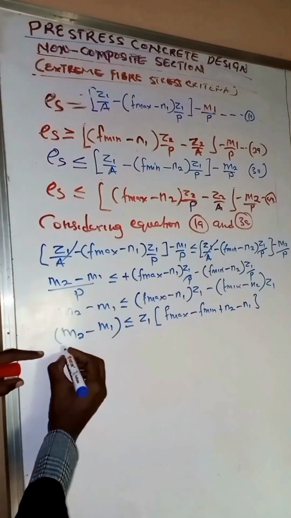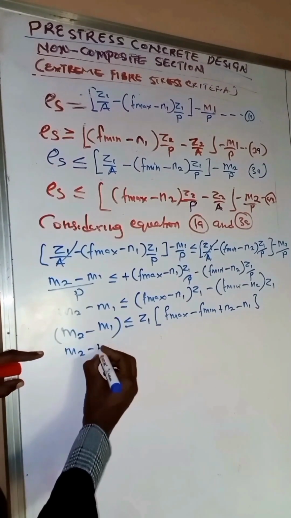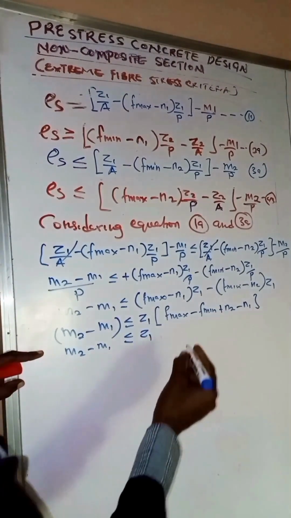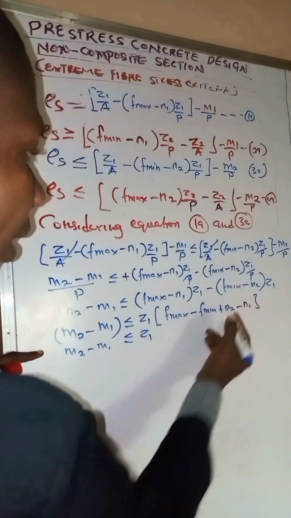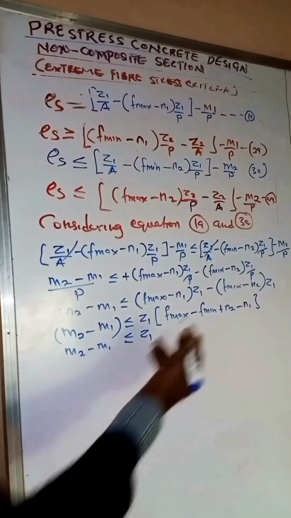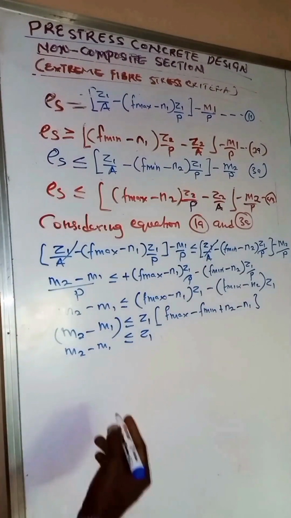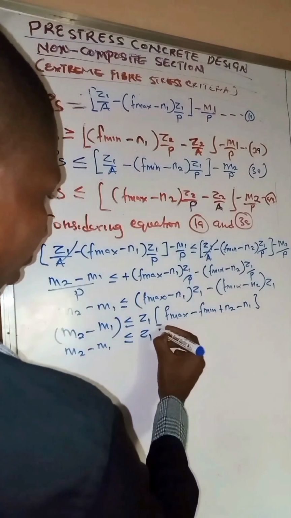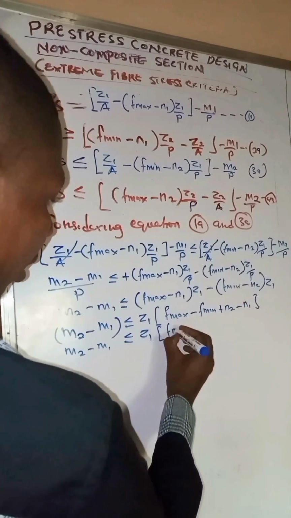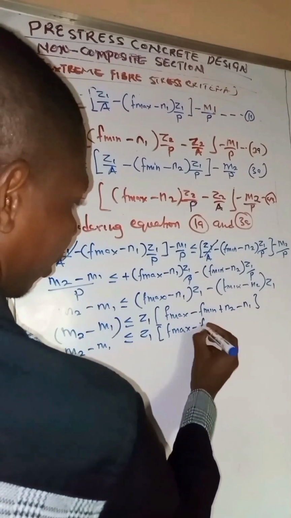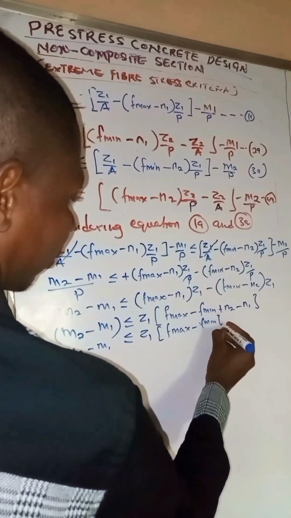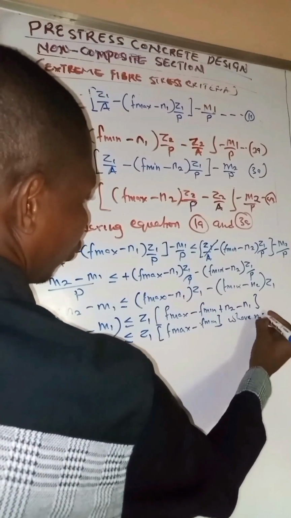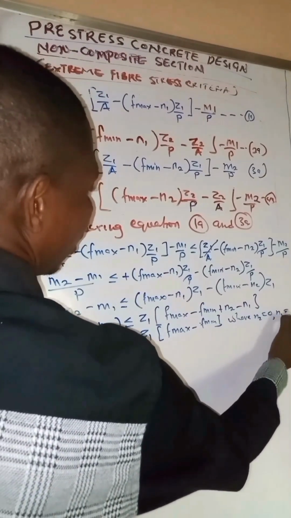So if we simplify further, we're going to have M2 minus M1 less than Z1. Let's assume N2 and N1 become 0. So if N2 and N1 become 0, we'll have it as Z1 bracket F maximum minus F minimum, where N2 is equal to 0 and N1 is equal to 0.